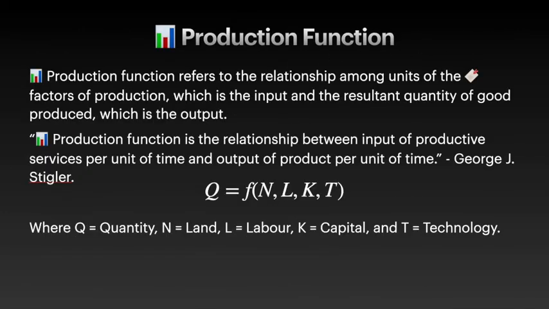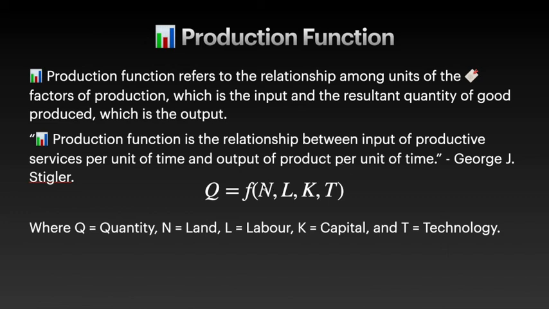Now we move on to what is called a production function. A production function refers to the relationship among units of the different factors of production, which is the input, and the resultant quantity of good produced, which is the output. A production function is the relationship between input of productive services per unit of time and output of product per unit of time.